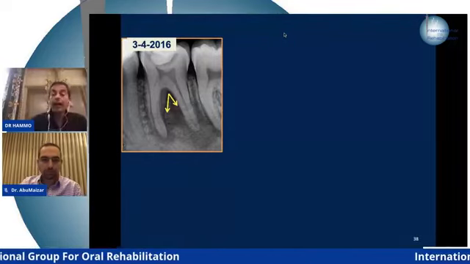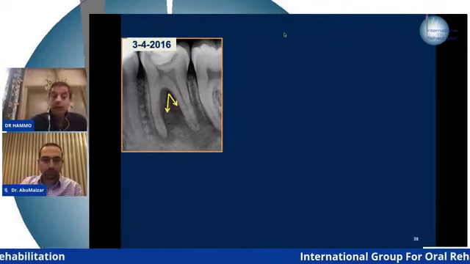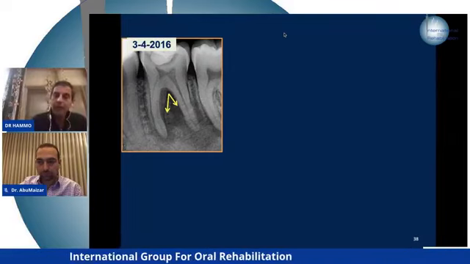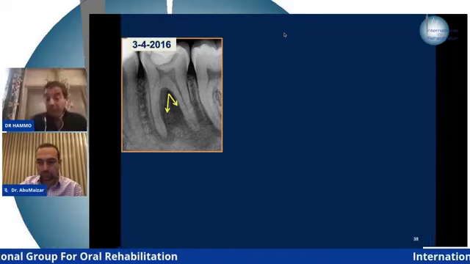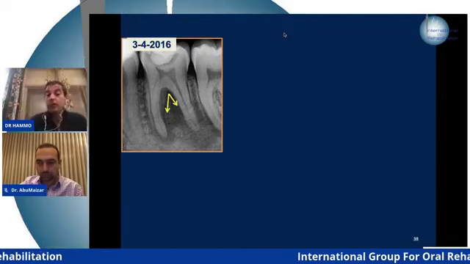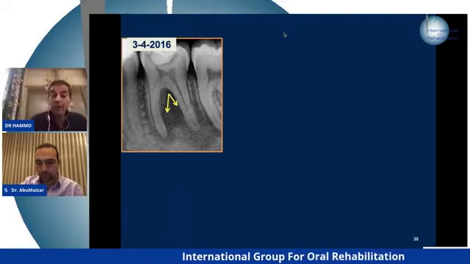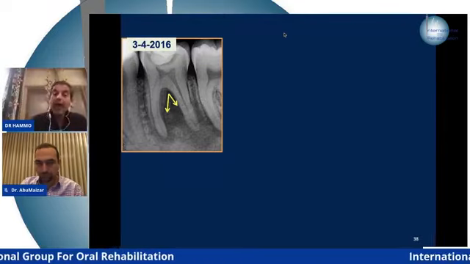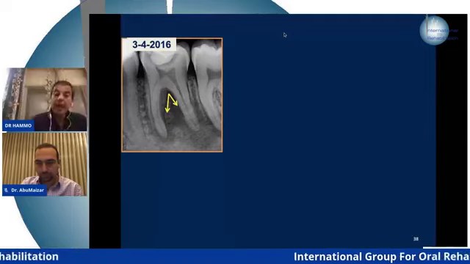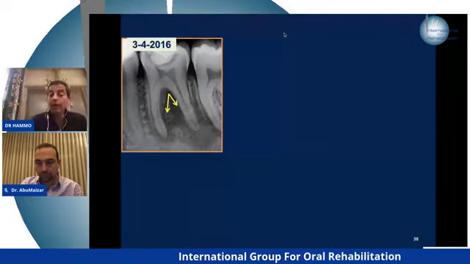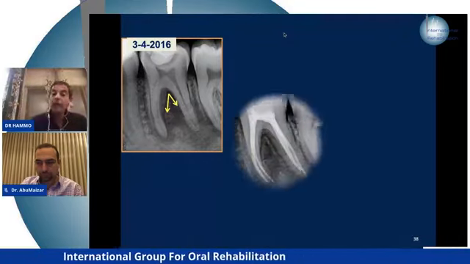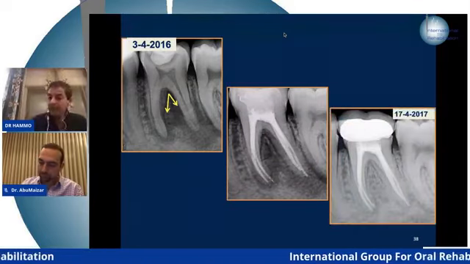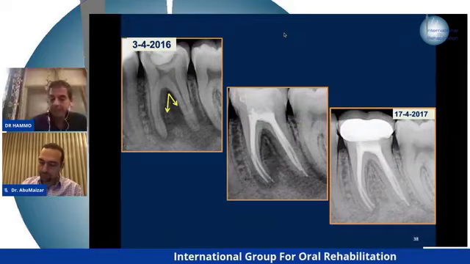After EDTA, I will use sodium hypochlorite for flushing. Then I will use saline to remove any remnant of sodium hypochlorite. Then I will place chlorhexidine, 2%, and in each canal, I will leave my chlorhexidine for 2 minutes. Then I will dry and then I will fill. And let's see the follow-up after 1 year.